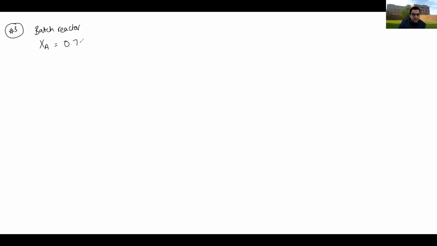Let's call it A. XA is 0.7, and t is equal to 13. And you're asked to find the tau for CSTR and the tau for a PFR, to achieve basically the same conversion.